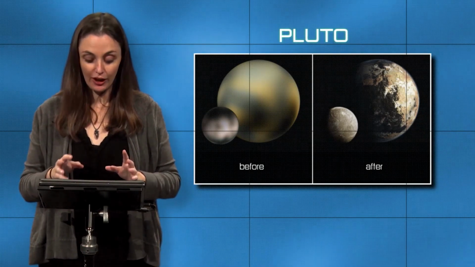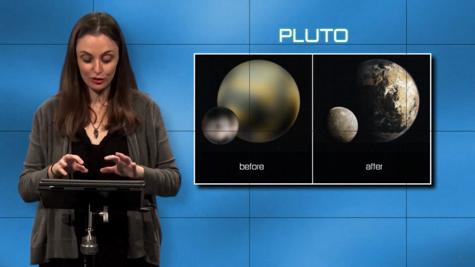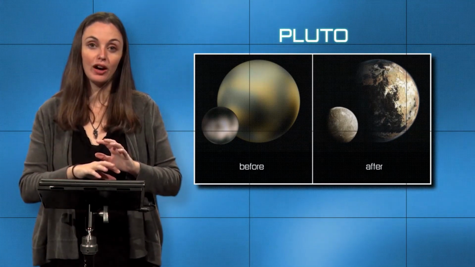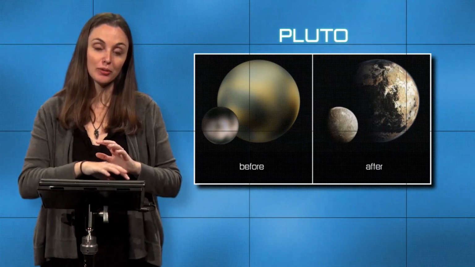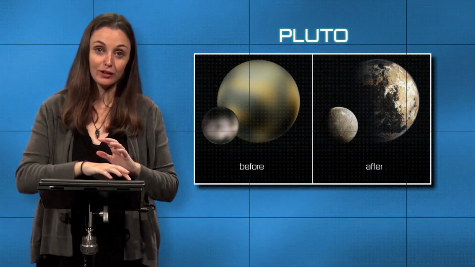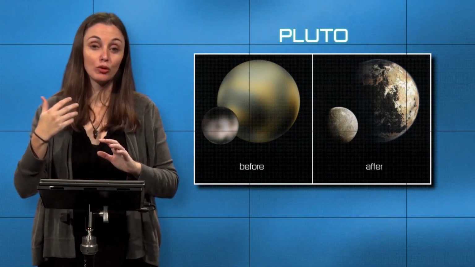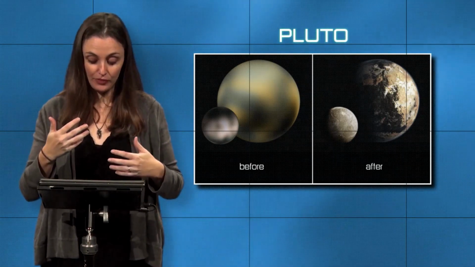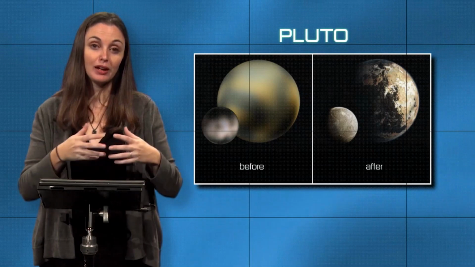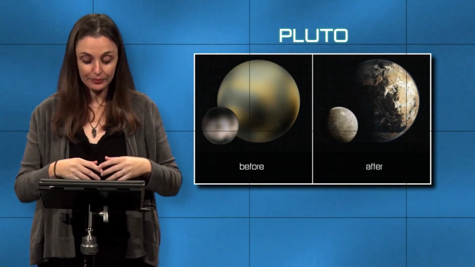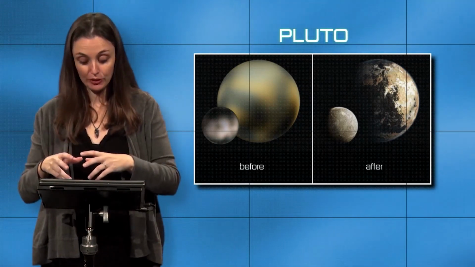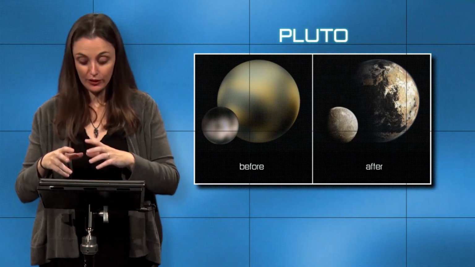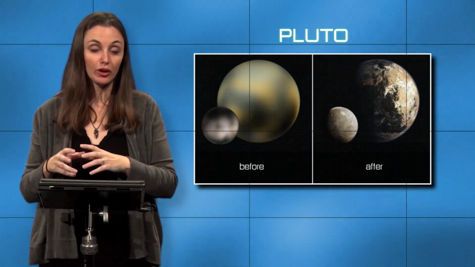So I have a before and after picture at the bottom of the slide that gives you some understanding of what our knowledge and information about Pluto was like before, when we had just the images from the Voyager missions, to get some idea of the look of Pluto and its companion Charon. And then Pluto afterwards, with this more advanced understanding of what's going on.